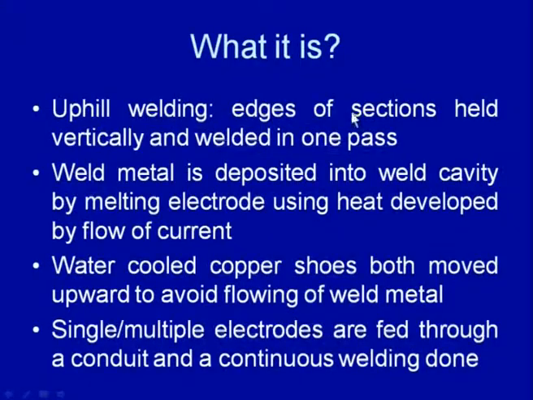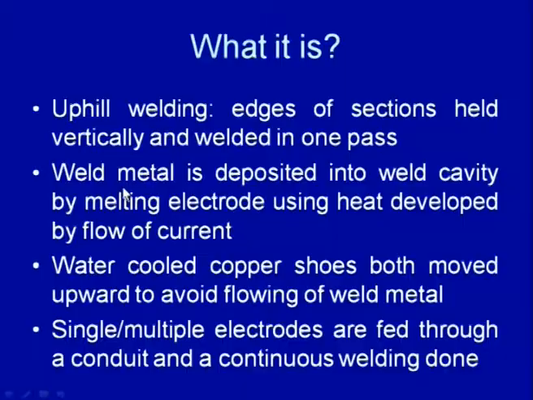It is an uphill welding process. The edges of the plates to be welded are held vertically and welded in one pass. Once welding is started, the complete weld joint is made in one pass, and the weld metal is deposited into the weld cavity, the gap between the two plates, by melting of the electrode using the heat developed by the flow of current.